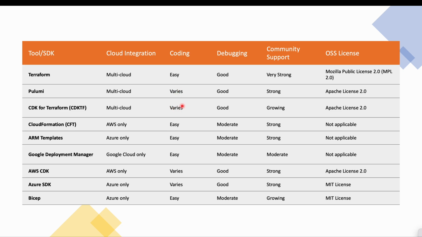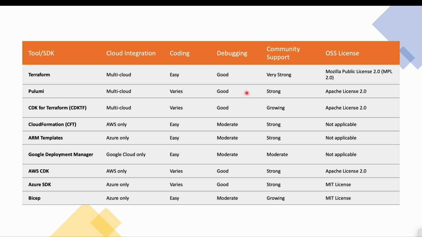If a person is already very good at programming languages such as Python, TypeScript, Java, .NET, then they may write the code. But if you are very new to programming, then better go for Terraform. And when you come to debugging, all three are very good. And community support: Terraform has very good community support.